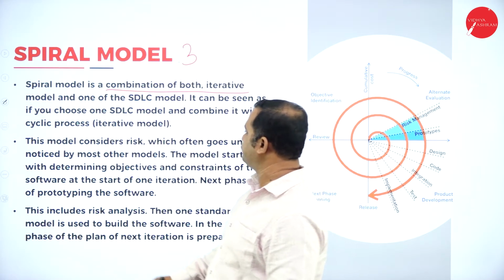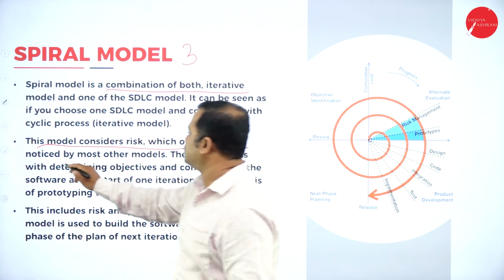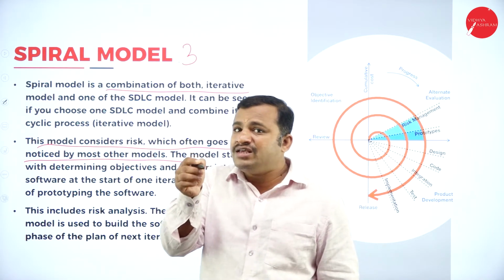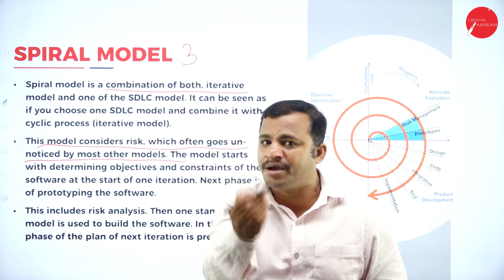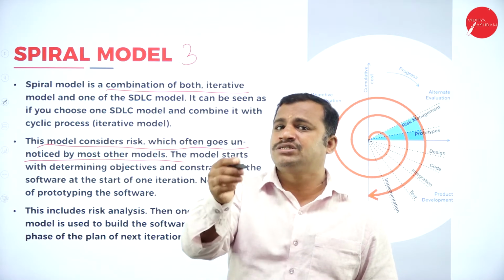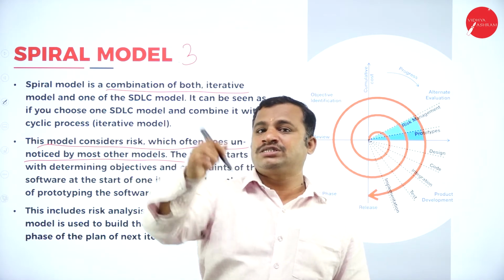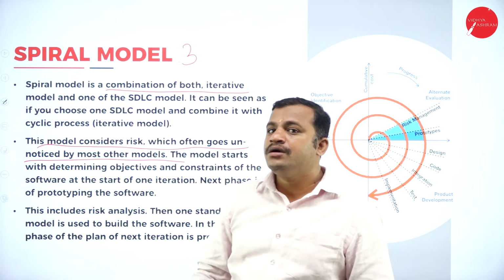This model considers risk which often goes unnoticed by most other models. Suppose there is any risk or any mistake which you have committed in the present phase which is unnoticed, it shall be noticed in this spiral model. Why?